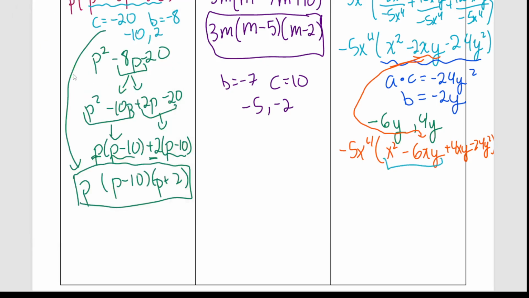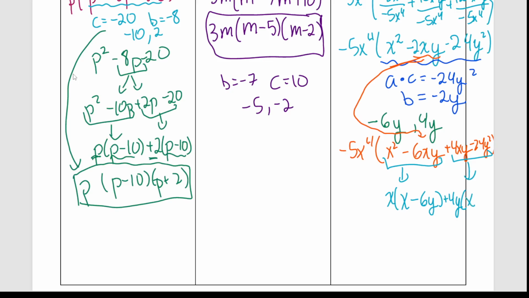If I then do the factoring by grouping, between x squared and negative 6xy, their greatest common factor is x. X squared divided by x is x. Negative 6xy divided by x is negative 6y. For the next set of terms, 4xy and negative 24y squared, their greatest common factor is 4y. 4xy divided by 4y leaves us with x.